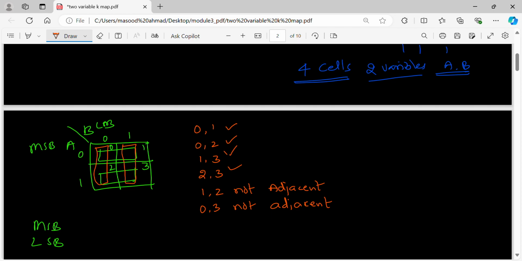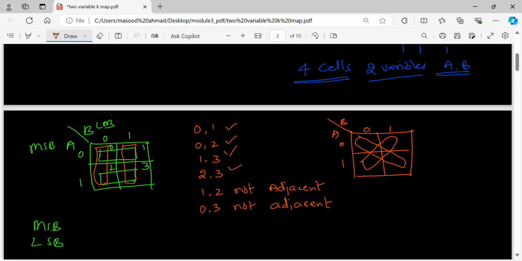What is illegal in the case of a 2 variable K map, where I have A and B, 0 and 1, 0 and 1? Combining diagonally like this is illegal, because they are not adjacent.